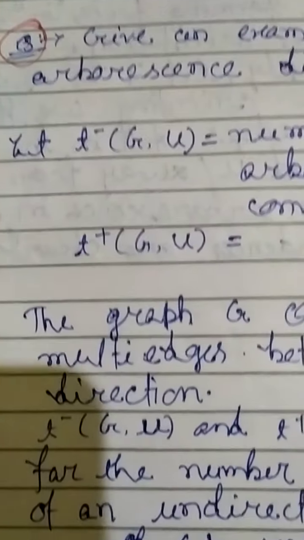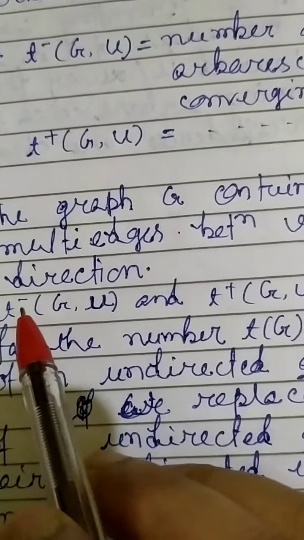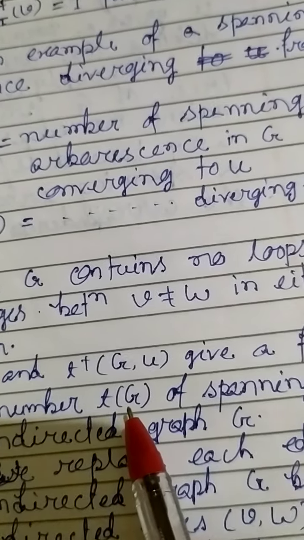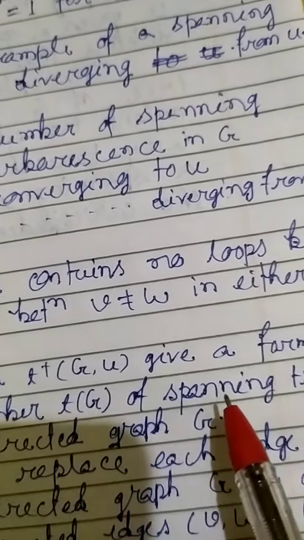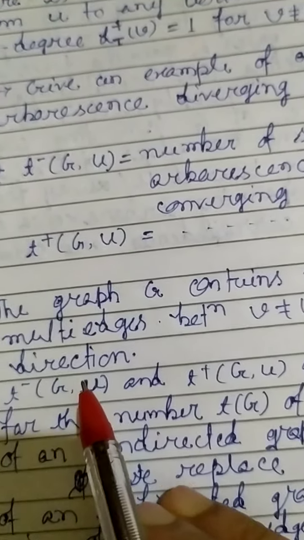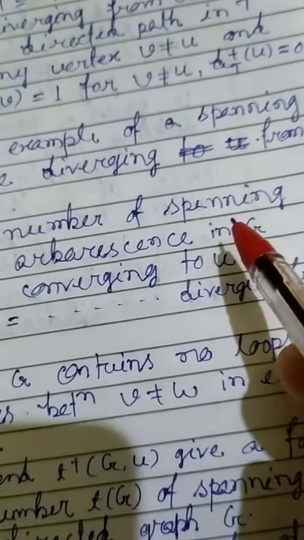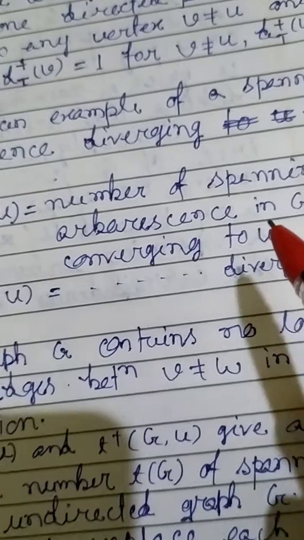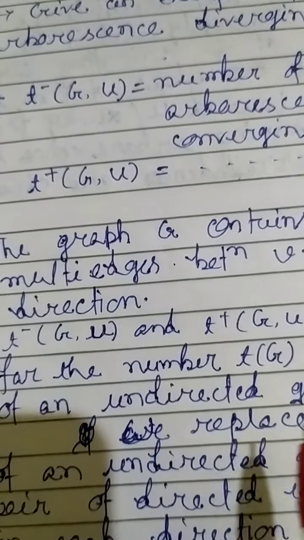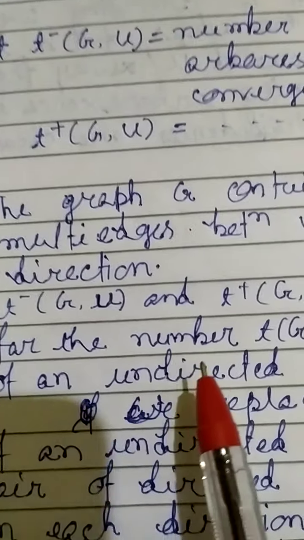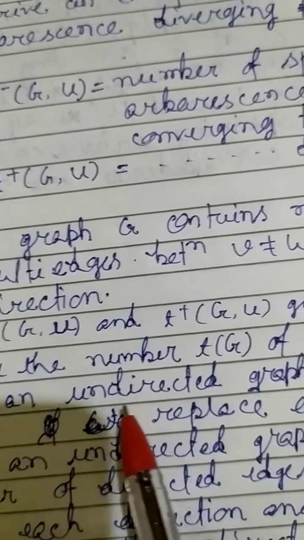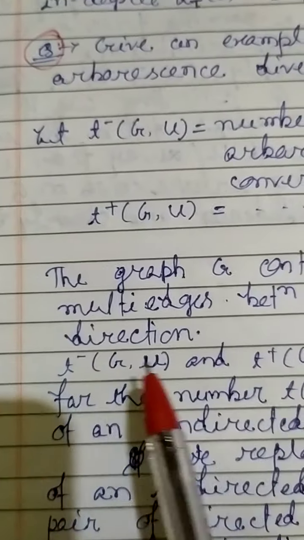So these two terms give a formula for the number T of Z, which is the number of spanning trees of an undirected graph, using the number of arborescences converging to U and diverging from U.